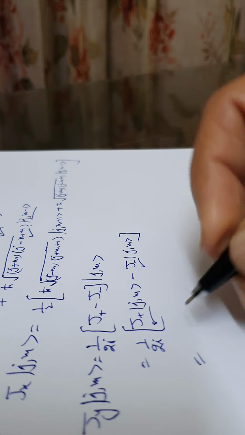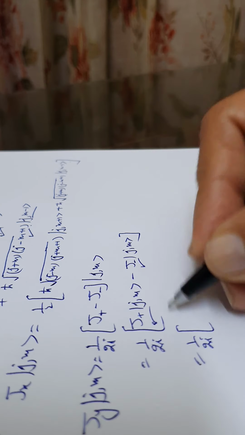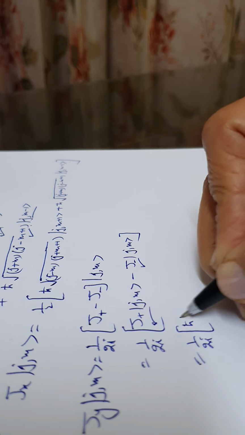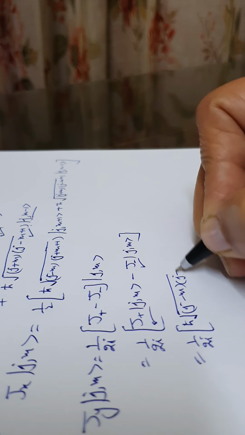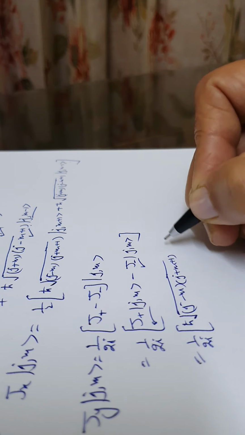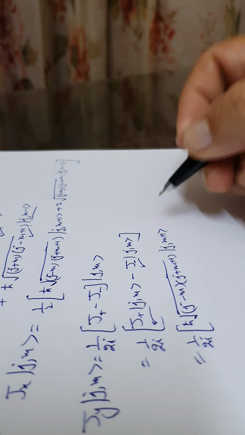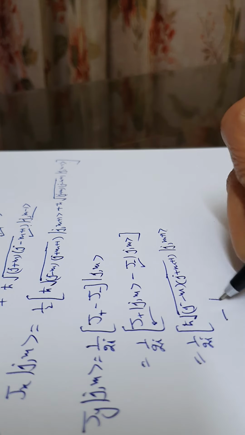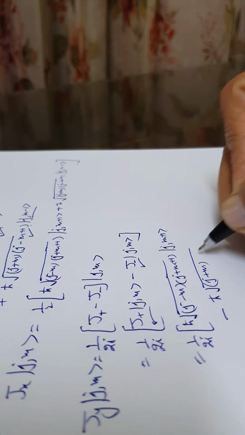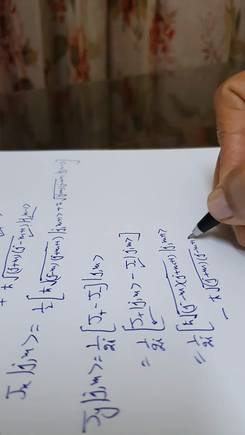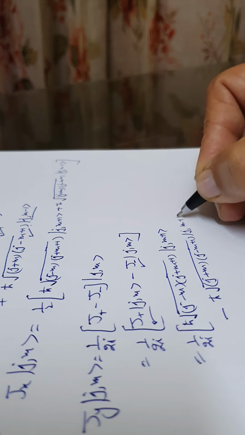Let's substitute their values. We will be getting 1/2i times h bar square root of (j minus m)(j plus m plus 1), with the state changing to m plus 1, minus h bar square root of (j plus m)(j minus m plus 1), and the state becomes |j, m minus 1>.